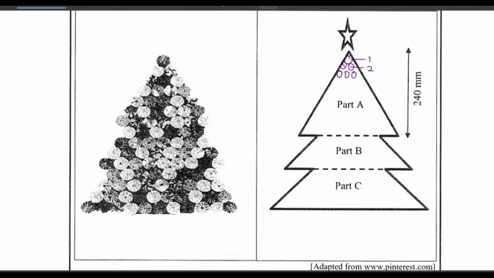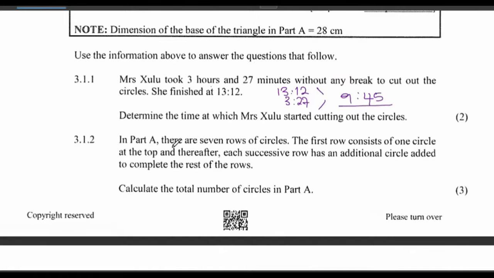Row 3, we add another circle, it has 3. You understand? So it goes on and on. So here they're asking you, calculate the total number of circles in part A. Meaning, if there are 7 rows, we shall have 1 plus 2 plus 3 plus 4 plus 5 plus 6 plus 7.